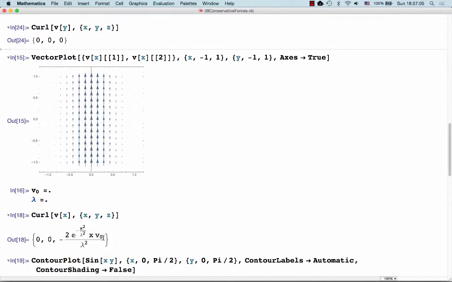It's some sort of utterly hideous thing. Exactly at x equals 0, the curl is 0. But in general, if I get off of it, you'll see that here the paddle wheel wants to spin clockwise. Sure enough, a negative z component there.